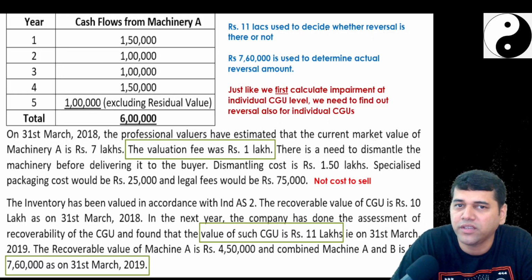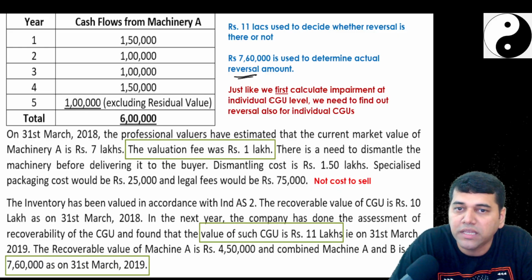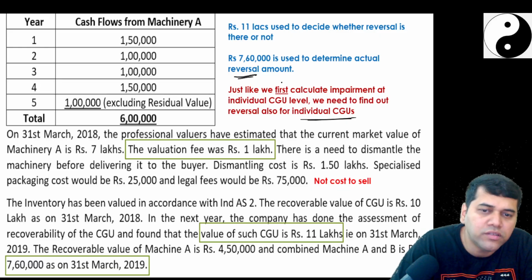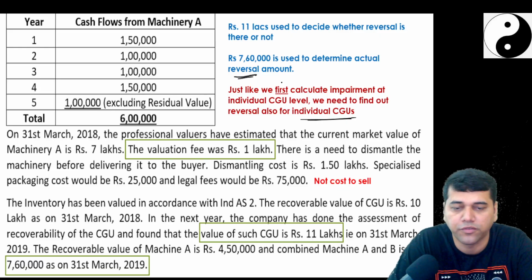Simply, for a confusion's sake, 7,60,000 is used to determine the actual reversal amount. Just like first we calculate the impairment at CGU level, we need to find out the reversal also at the CGU level. Okay, we will do this. I will explain this, what it is for.